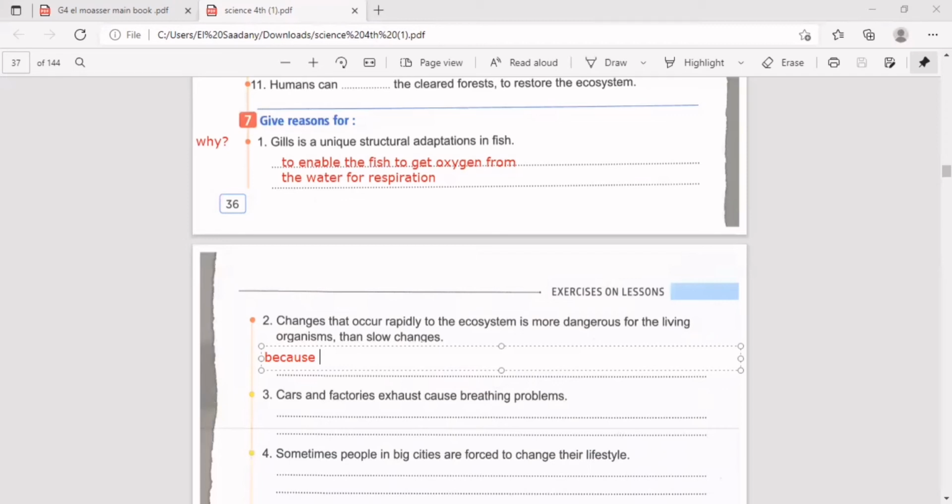So change that occurs rapidly, over a small period of time, is more dangerous for the living organisms than slow changes, because these rapid changes may cause death or disappearance of the organism. You can write your answer in your own way.